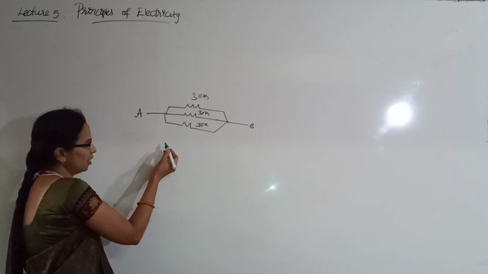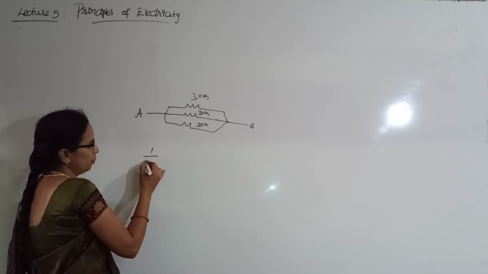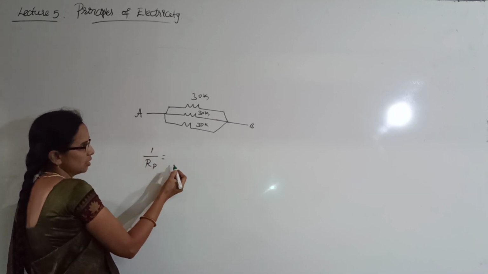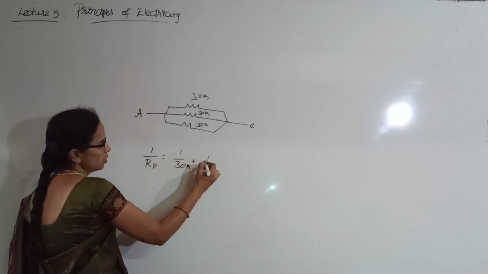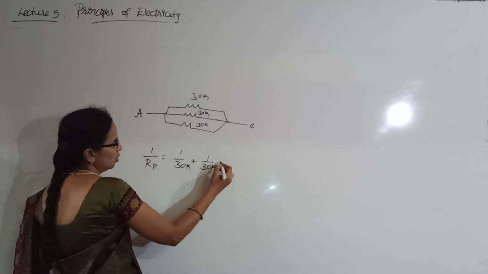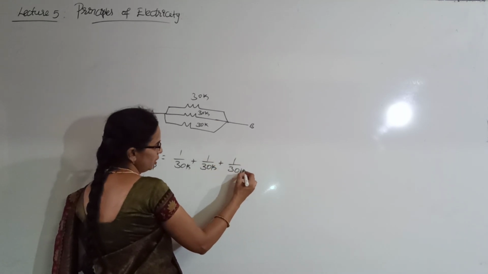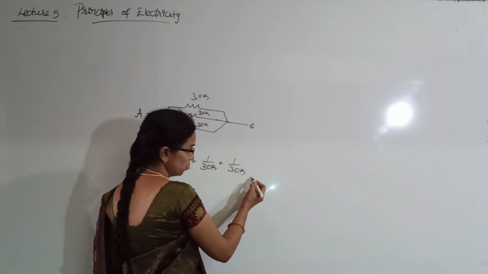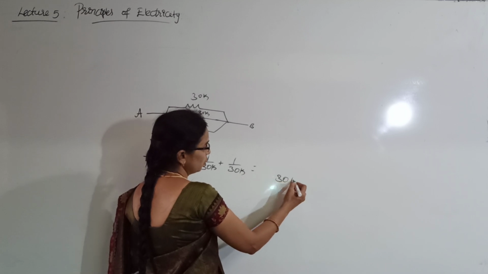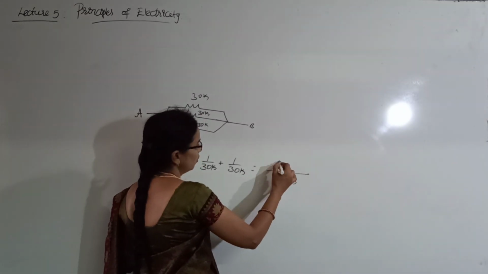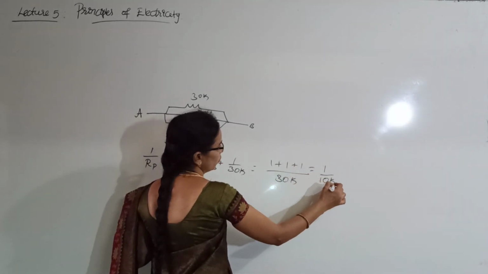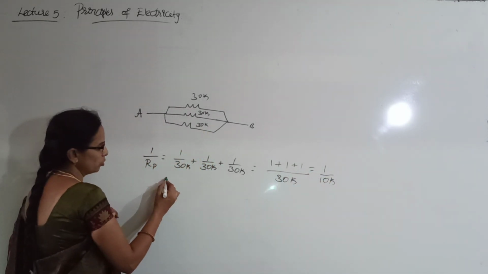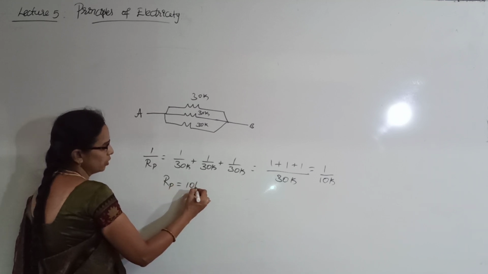Then calculate Rp. I told you 1 by Rp is equal to 1 by 30 kilo plus 1 by 30 kilo plus 1 by 30 kilo. You can do this using the LCM 30 kilo. You take 1 plus 1 plus 1, 3, then it is 1 by 10 kilo. 1 by Rp is equal to 1 by 10 kilo, in the sense Rp is equal to 10 kilo ohm.